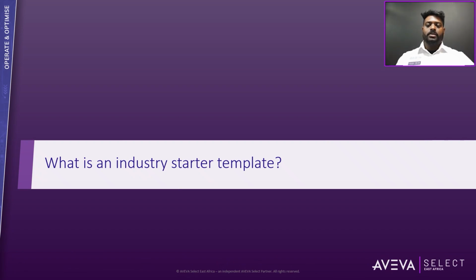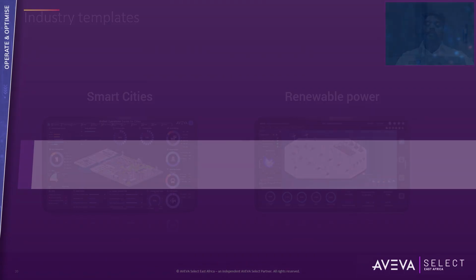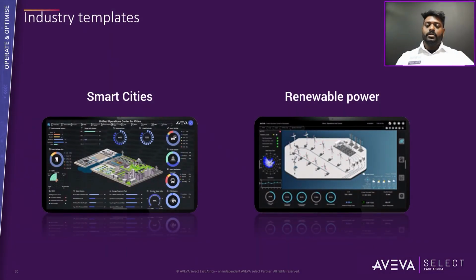This content can be customized per project specifications and expanded to cover many needs. The Unified Operations Centre industry templates address several use cases and provide specific examples across industries such as oil and gas, infrastructure and smart cities, data centers, power, and mining.